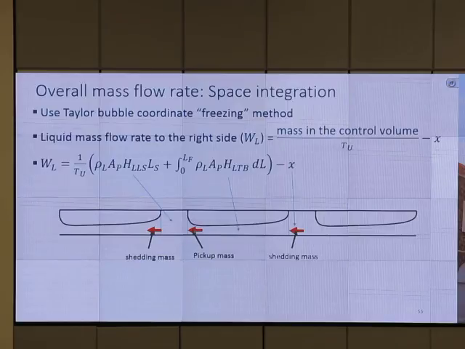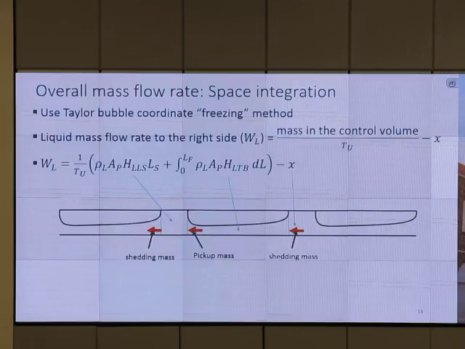And the mass per unit time is total volume multiplied by density divided by time, minus whatever shedding process happens, or X, pickup and shedding, because this thing kind of flows back. It doesn't move forward with the slug body. If you still recall the example that we talked about in the introduction to slug, we talked about some solid particle which is no slip, right?